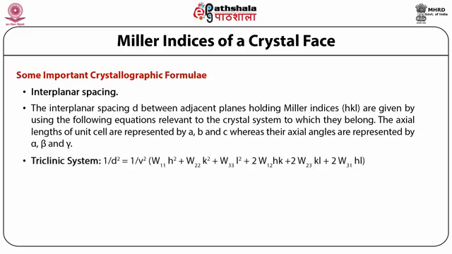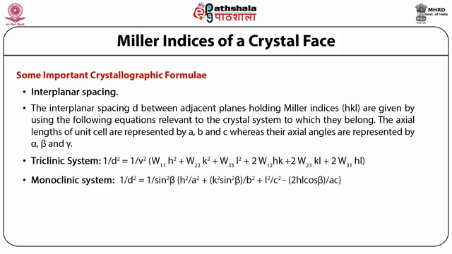For a triclinic system, the formula is 1 upon d squared is equal to 1 upon V squared within brackets W11 h squared plus W22 k squared plus W33 l squared plus twice W12 hk plus twice W23 kl plus twice W31 hl.